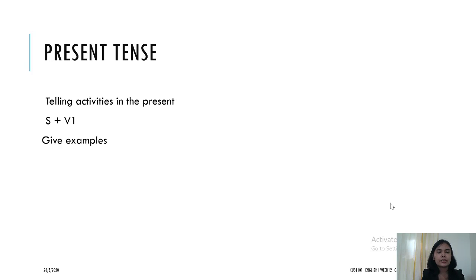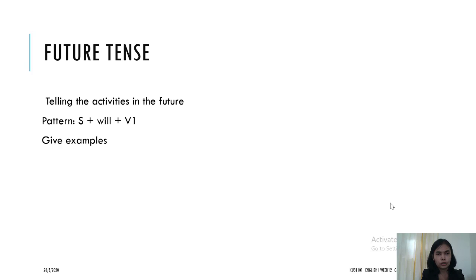Same thing with the present tense. The function is to tell activities in the present. I think you are also a master in understanding the present tense, so I also want you to make two examples of present tense. And the same thing goes for the future tense. The future tense functions to tell the activities in the future.